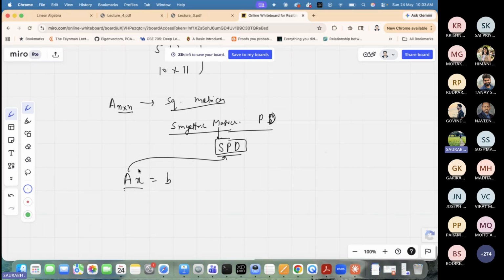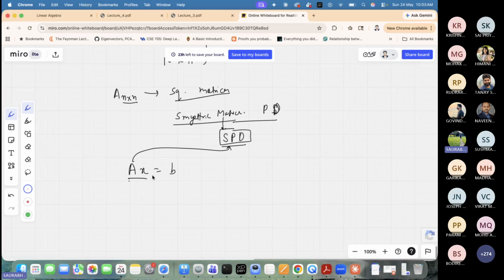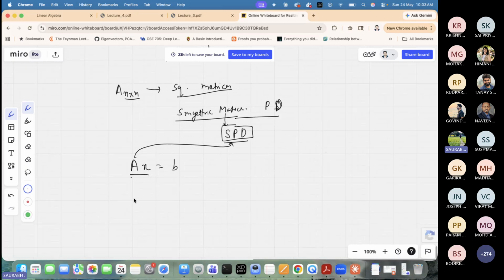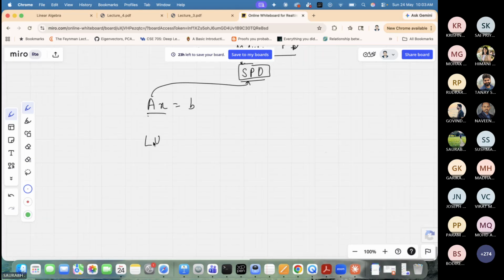But when you have this particular case, then the LU decomposition that you have looked into, think of it as: if A is a symmetric matrix, its upper triangular matrix would be nothing but the transpose of L, the lower triangular matrix.